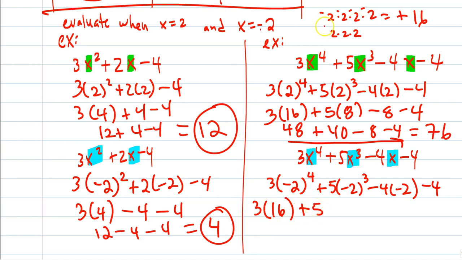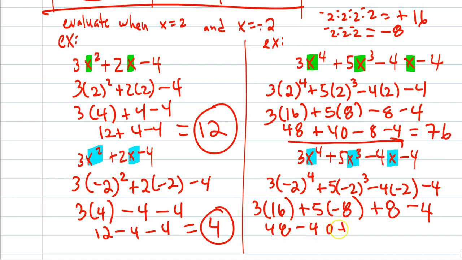If I have 3 negative 2's, the 3 negatives would make that into a negative 8. A negative times a negative here makes that a positive 8. 3 times 16 is still 48. Minus 40 plus 8 minus 4. 8 plus 8 is 16. 16 minus 4, I got 12.